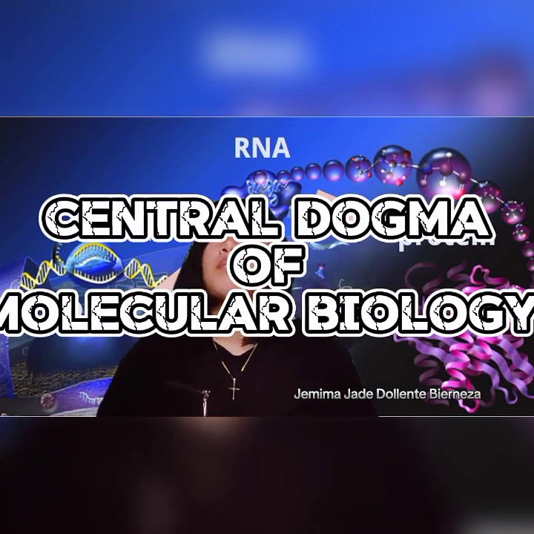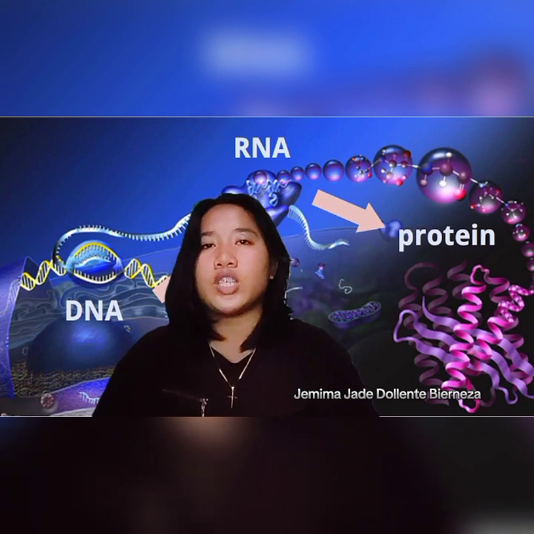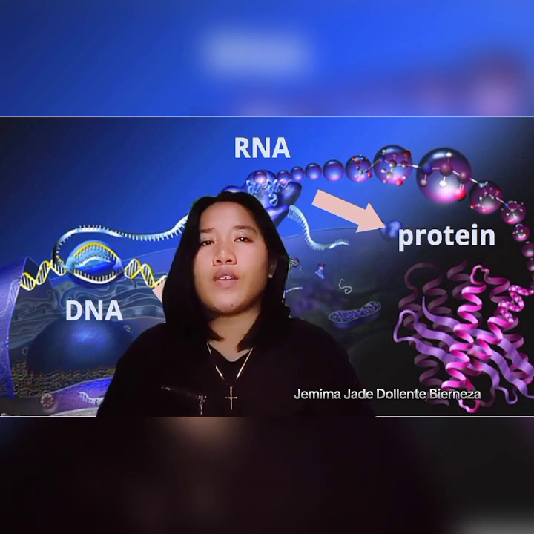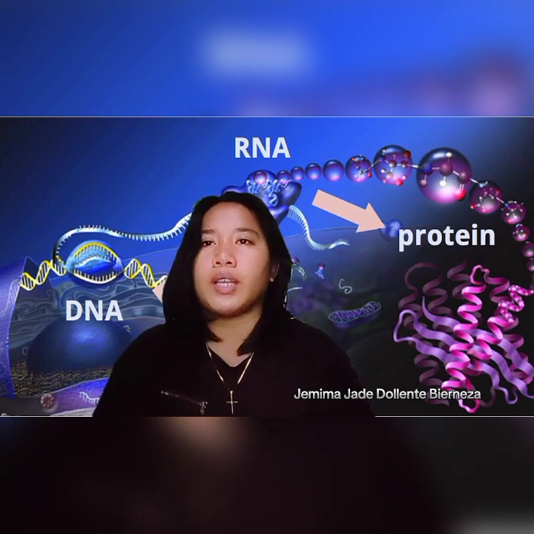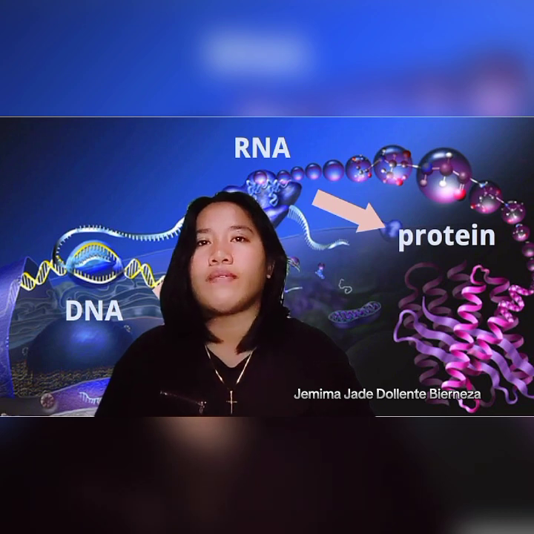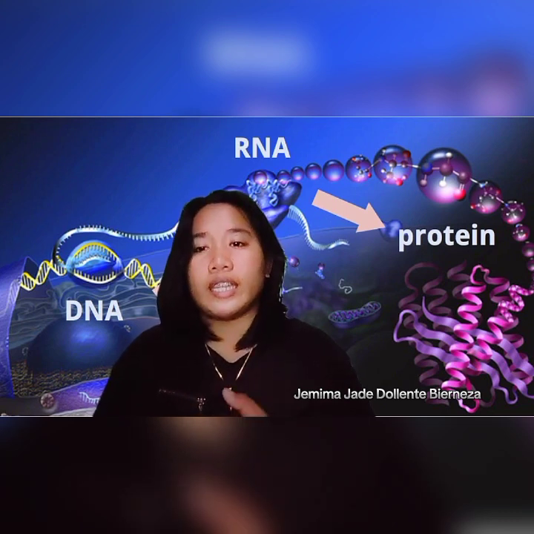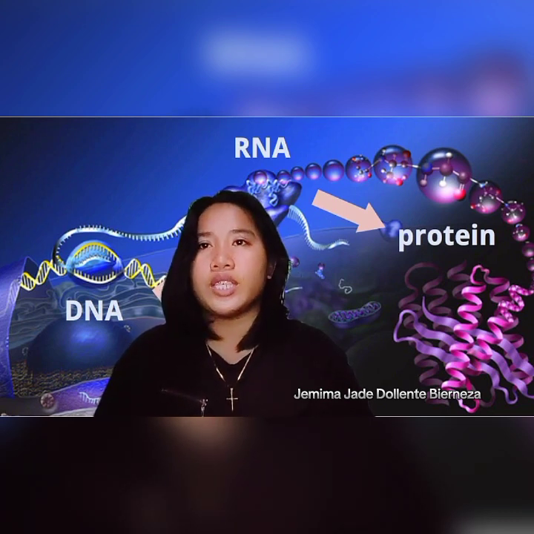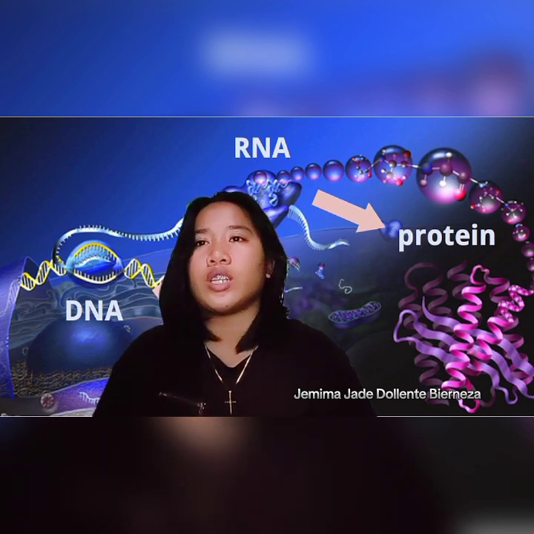The central dogma of molecular biology is a foundational concept that explains the flow of genetic information within a biological system. Proposed by Francis Crick in 1958, the central dogma outlines the process by which the information in genes flows into proteins: DNA to RNA, RNA to proteins. The process is crucial for the expression of genetic traits and the functioning of all living organisms.